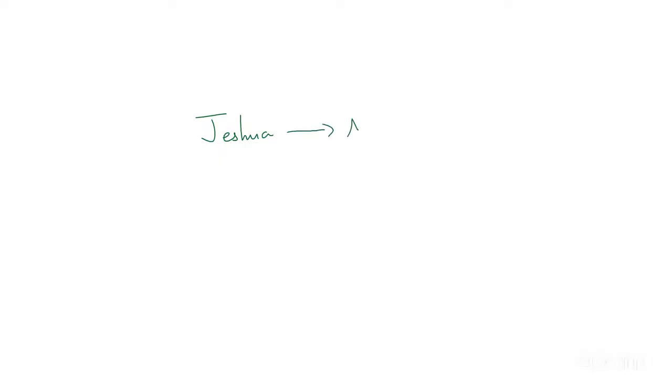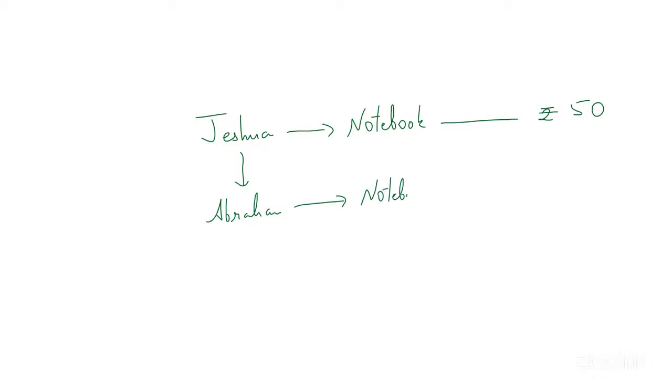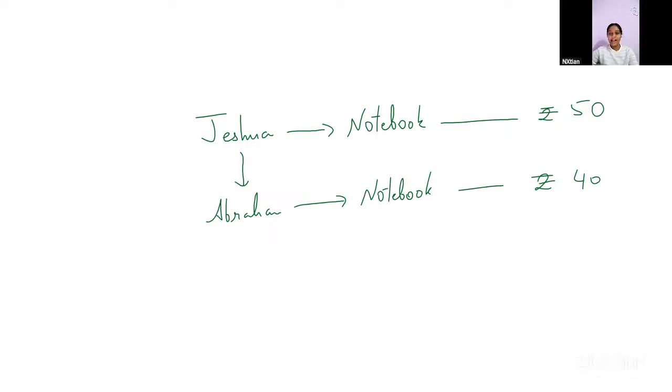Joshua says, Abraham, I'll sell you the notebook at 40 rupees. He says, no, don't go buy from the market, I will sell you the notebook at 40 rupees.